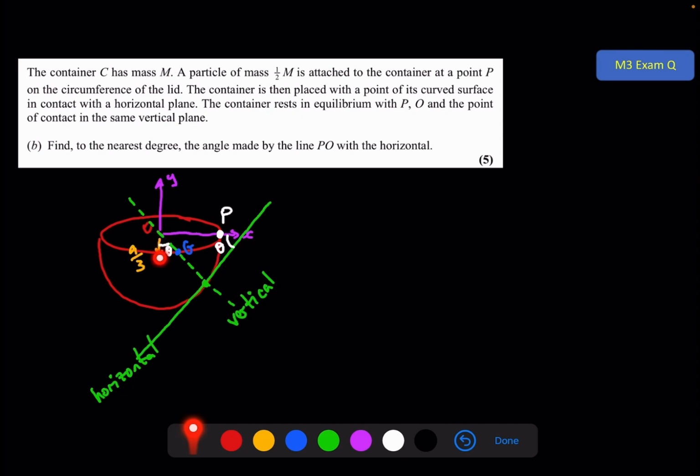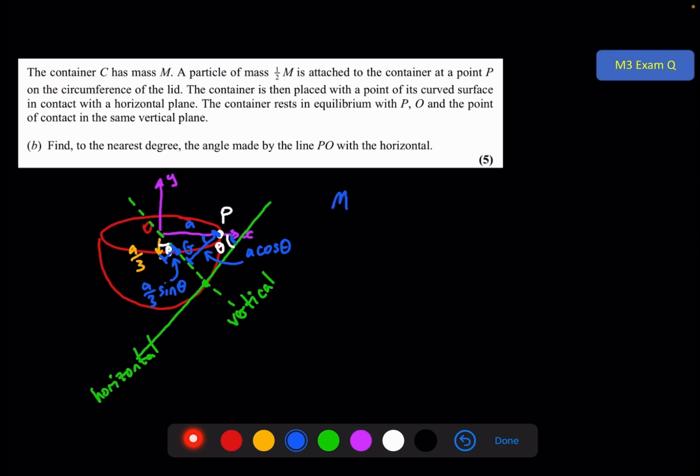So if we do a over 3 sine of theta, we get this distance. And over here, if we do a, the radius of the hemisphere, cosine theta, because this angle is obviously the same as this one, we get this distance.